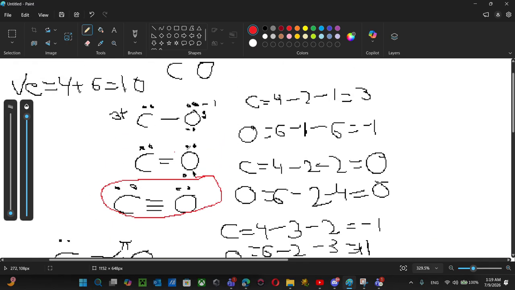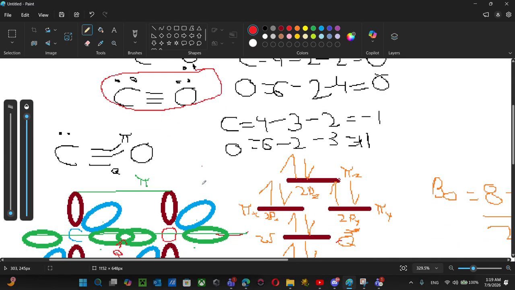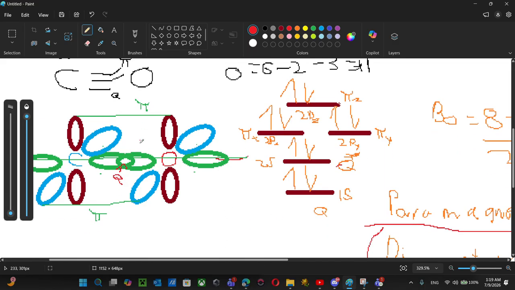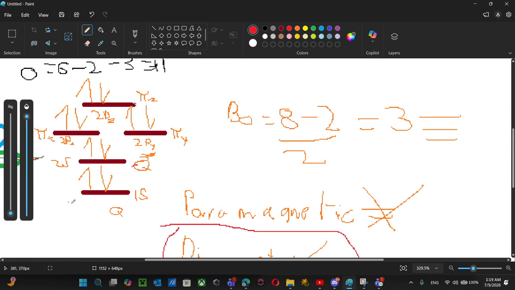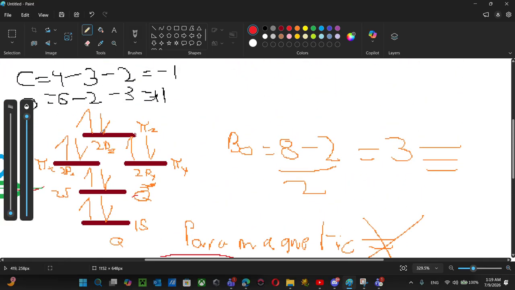It doesn't tell you directly. If you want to find that out, you have to first find how many pi bonds and sigma bonds there are, and write the electron configuration, because this will tell you if they are paired or non-paired electrons.